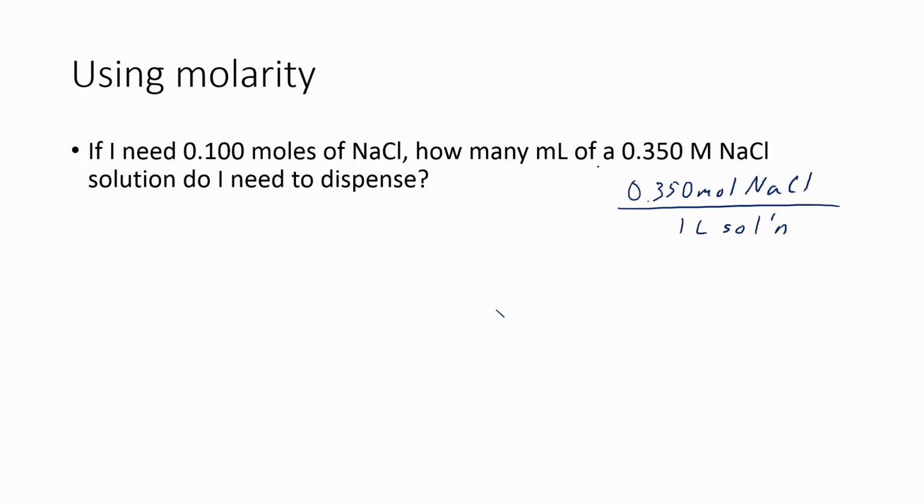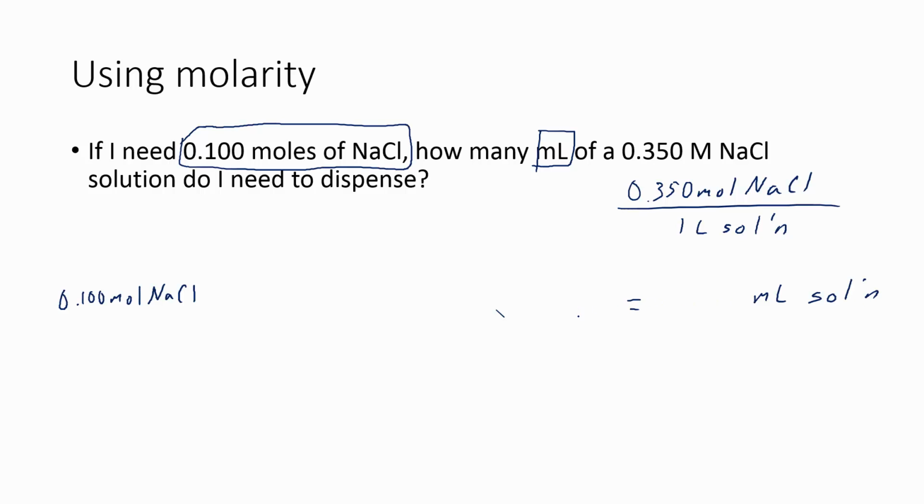All right, where do I start? Start with the only thing that's not a ratio is usually a good plan if you're not sure where else to go. But I have 0.100 moles of sodium chloride. Where do I want to get to? Milliliters of solution. Okay, so that's my final answer over here.